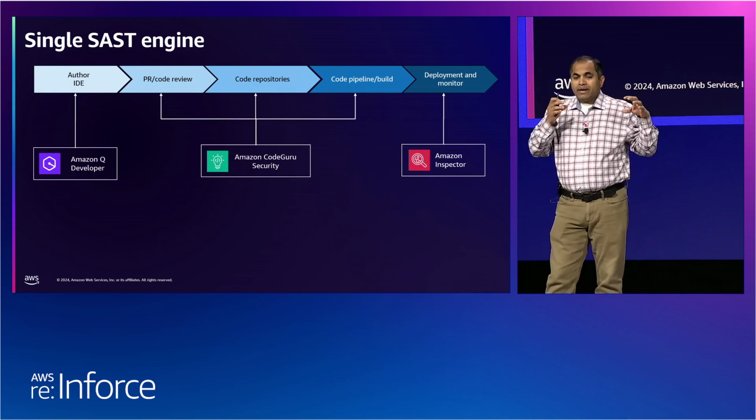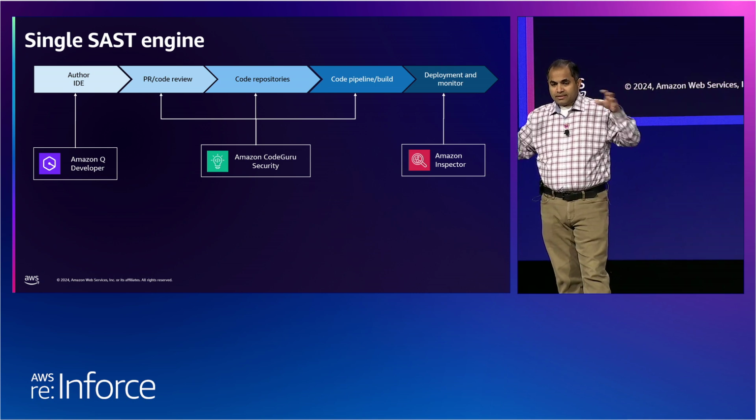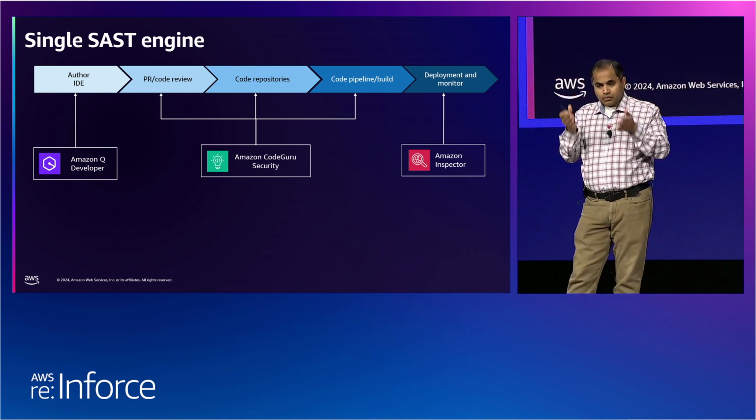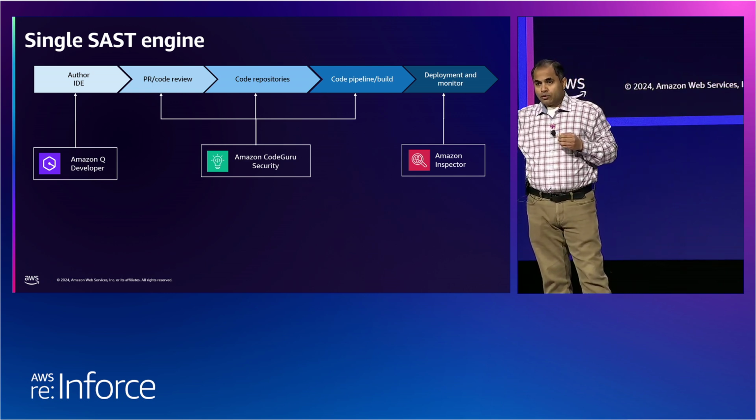Now, coming back to our CI/CD pipeline, for the different stages I have shown you, we have Amazon Q Developer for the IDE, CodeGuru Security for CI/CD and CodePipeline, and Amazon Inspector for monitoring your production application.